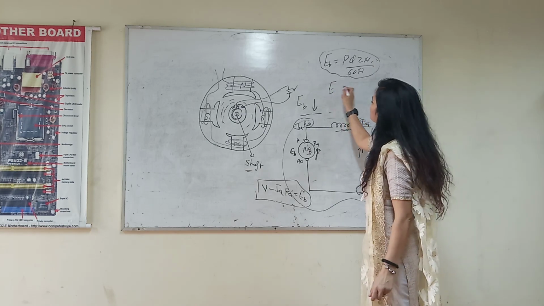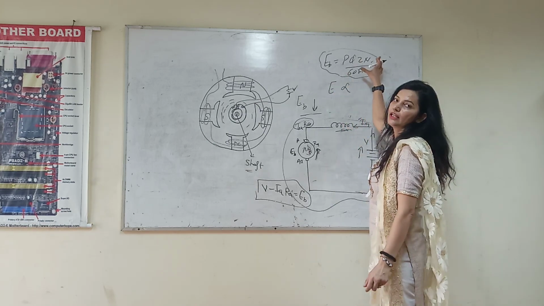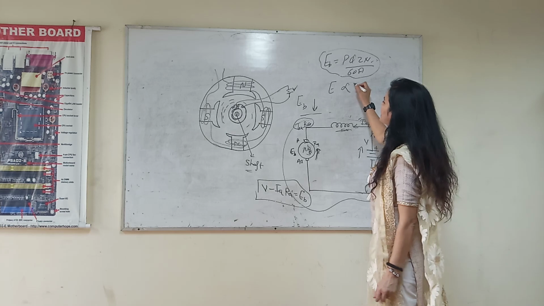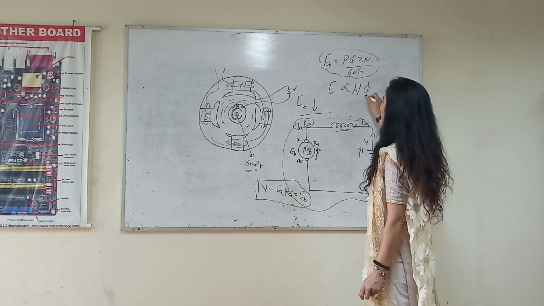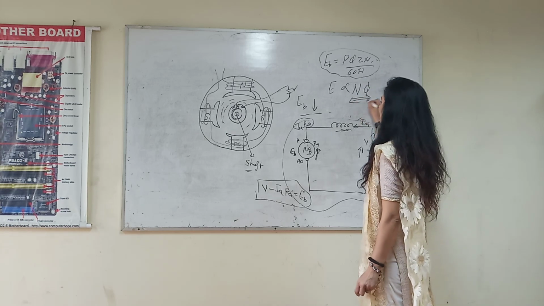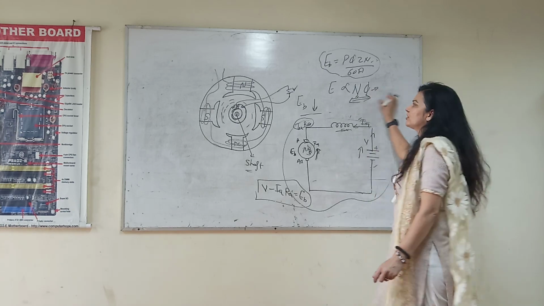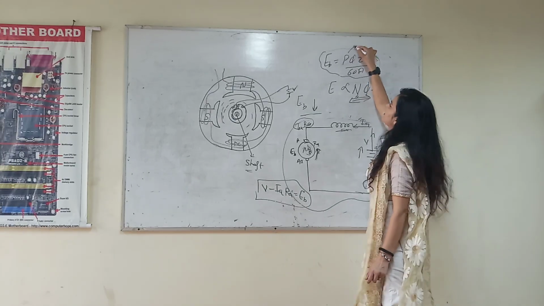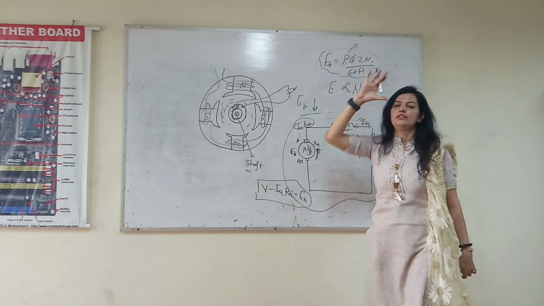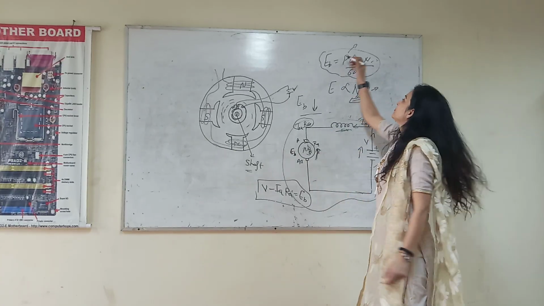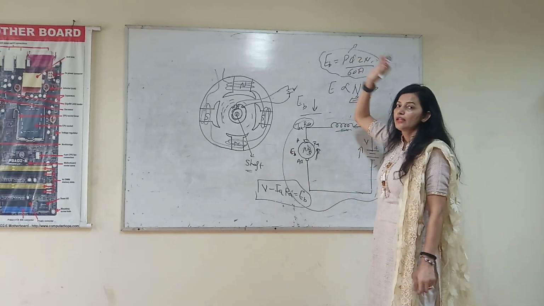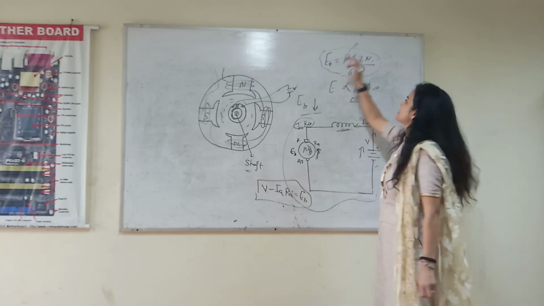And according to this, we simplify more and write this formula like E is directly proportional to Nφ. Why? Because these are the two variable parameters of this equation. P is fixed, because once the machine is made, the number of poles remains the same, it will not change.